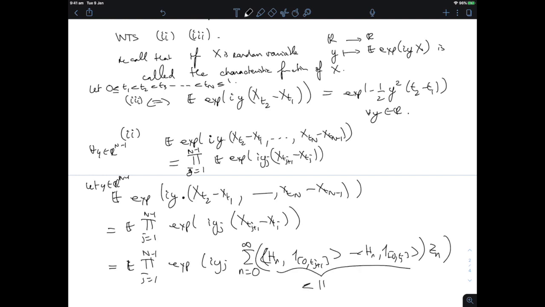Of course, this is just the inner product of H_n with the indicator function of the interval [t_j, t_(j+1)], just by definition of these things as integrals.